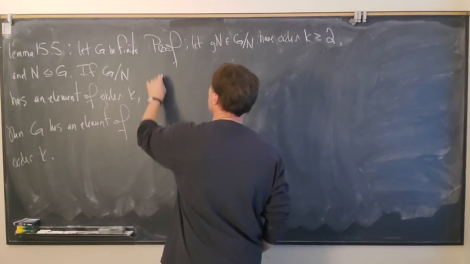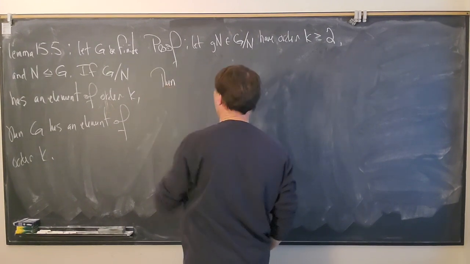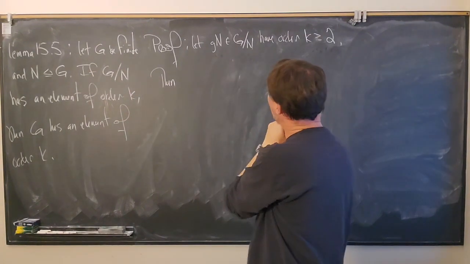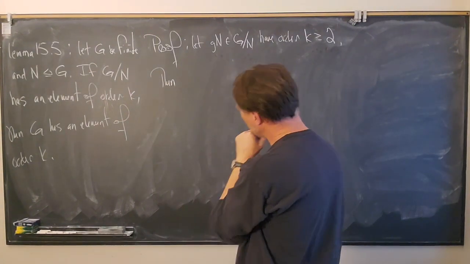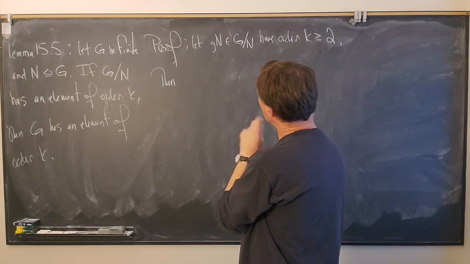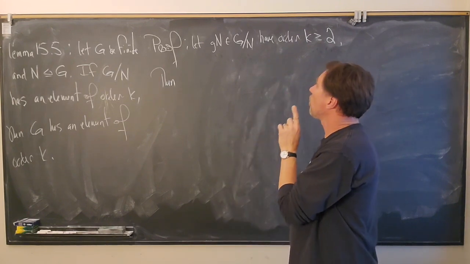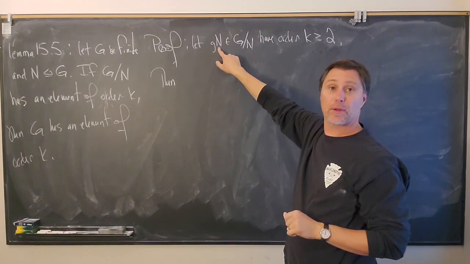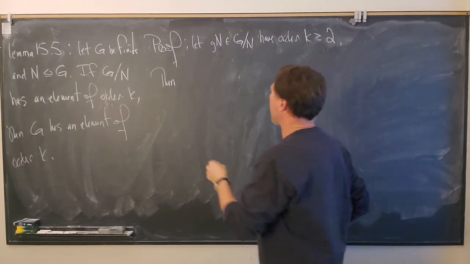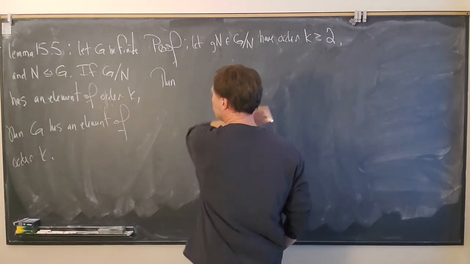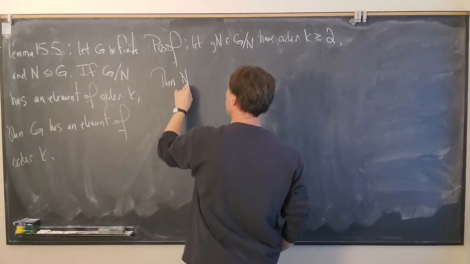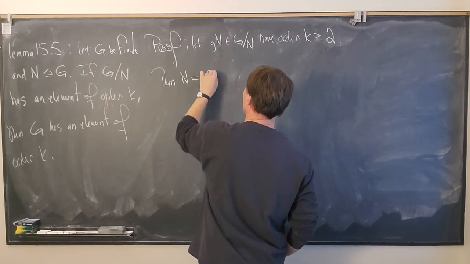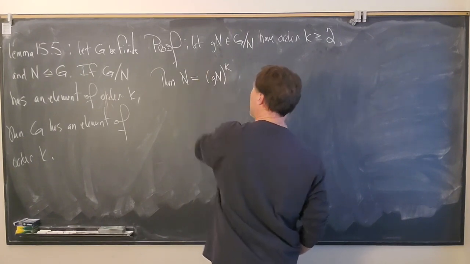So then, what does that mean? It means that little g raised to the k lives inside capital N. So let me write that out. So then we know that N is equal to gN raised to the k.